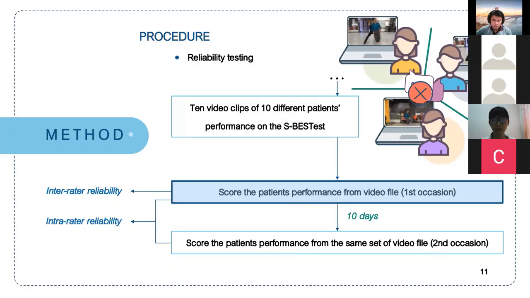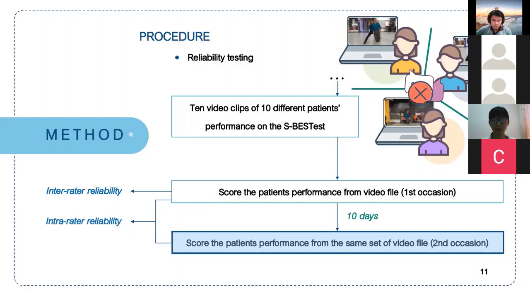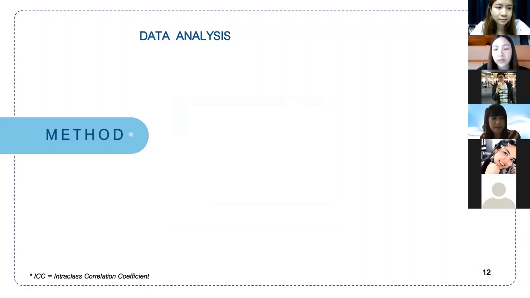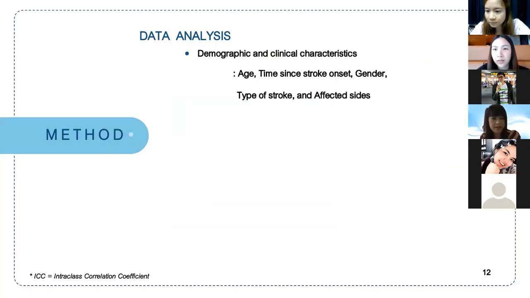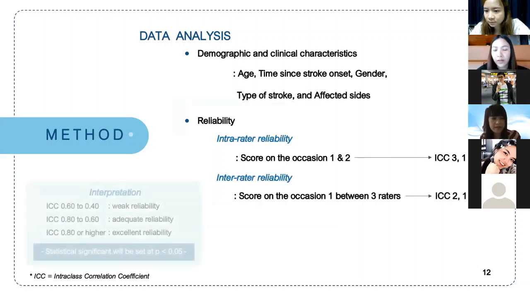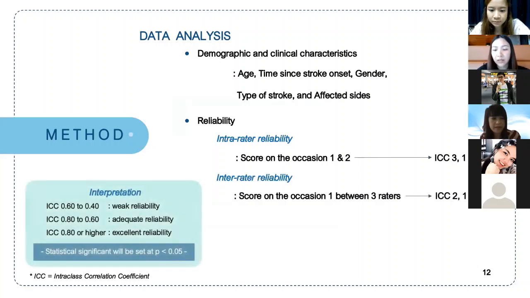The second occasion was performed 10 days after the first occasion to prevent recall bias. Data analysis: the demographic and clinical characteristics were collected and shown as data. Intra-rater reliability was analyzed using ICC model 3,1 and inter-rater reliability was analyzed using ICC model 2,1.